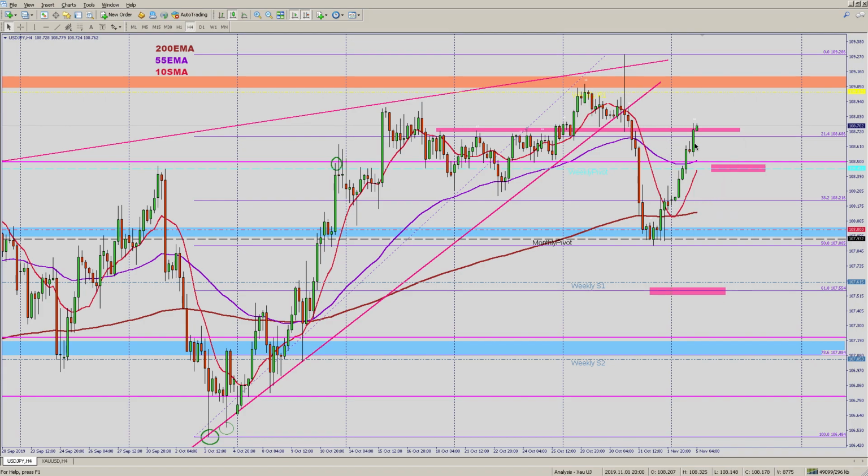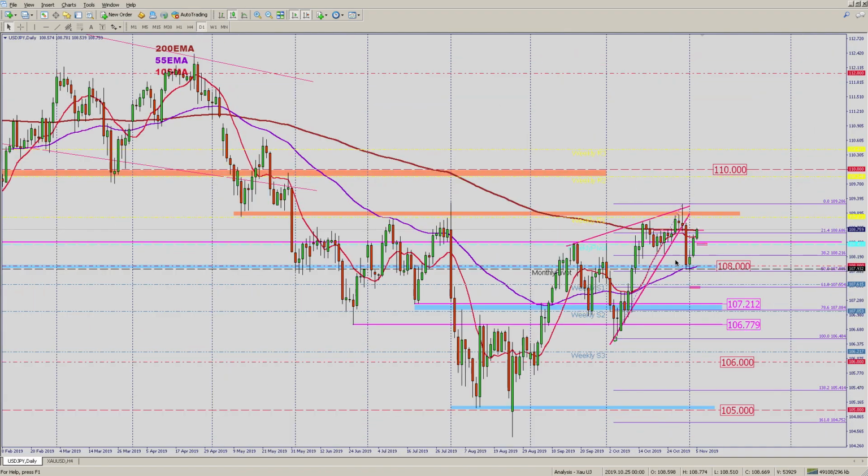For the moment the retracement has abated, and now it's forming the start of a new bullish recovery, and we'll see whether it's able to continue higher to the weekly R1 level, just at the 109.00 level.